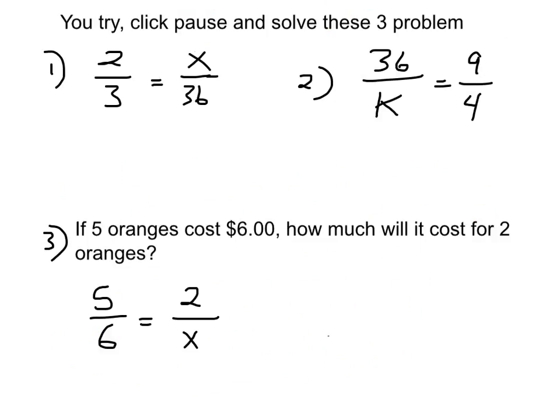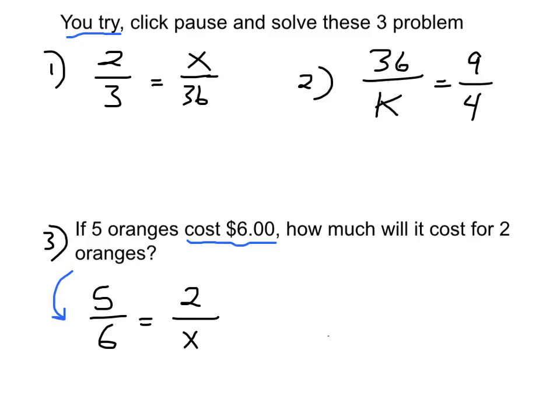Okay, now you try. Click pause and solve these 3 problems. One of them is a word problem, but I kicked you off by giving you the proportion. But you should read the word problem anyway and see how the proportion came together. Number 1, 2/3 equals what out of 36? Number 2 is another proportion to solve. Number 3, if 5 oranges cost $6, how much will it cost for 2 oranges?